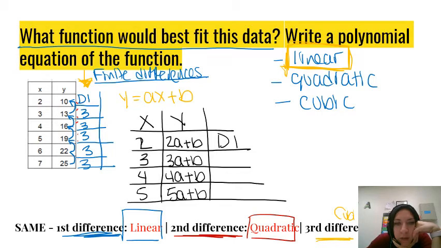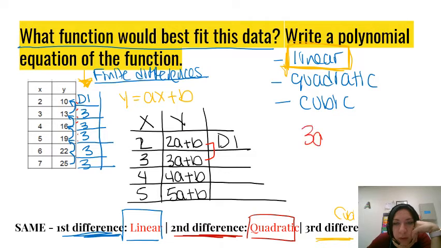And now we can do the same thing that we did on this table with numbers, but here we're going to do it with the expressions, taking the first difference. So we're going to do 3a plus b minus 2a plus b.